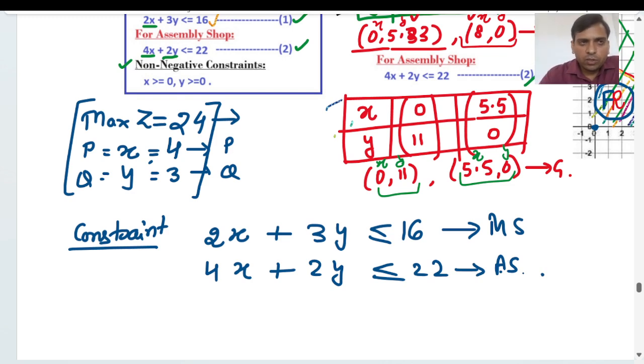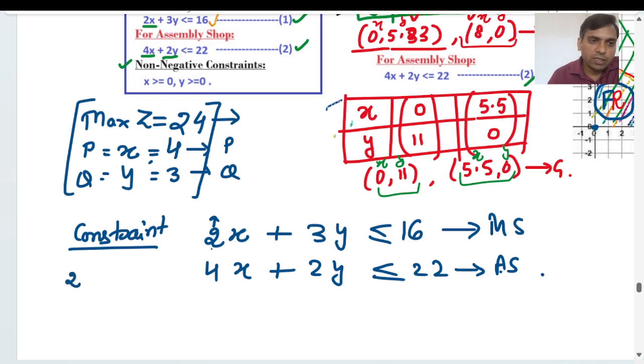Now suppose due to a technical fault in the machine shop, as machinery is not working properly, the working time for this product is increased. This may be 2.5, or this may be 3 hours. Or there may be a reduction in time if the machinery is perfect or working well, or any technical changes, the machine is working good, we are consuming less time. So we will change the value of coefficients.